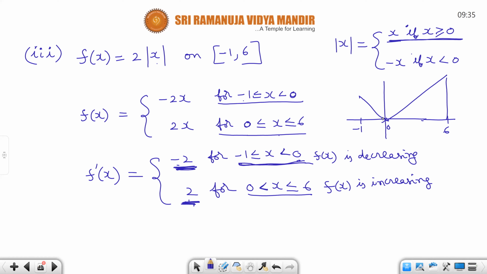Means at x equal to 0, there is a local minimum, is it not? Yes, sir. From -1 to 0 the function is decreasing, after 0 it is increasing, so x equal to 0 is a point of local minimum.